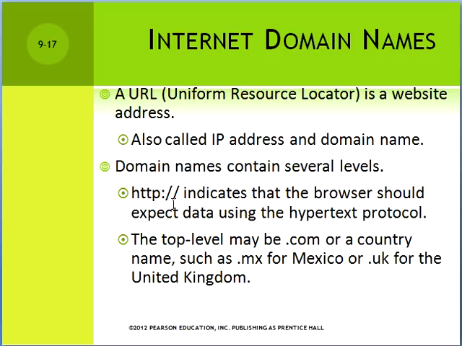So first you have the HTTP backslash, which indicates that the browser should expect data using the hypertext protocol, and then you have the top level, which could be .com or the country name, such as .mx for Mexico, like we have KR for Korea, and the UK for United Kingdom. So based on which country you are registering your domain name, it could be available.